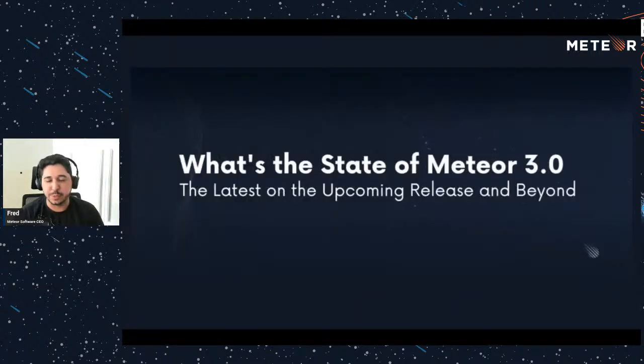So what's the state of Meteor 3? This is actually an article that we launched, and we talked about the documentation and migration guide, and we also explained what fibers are, why we are doing this migration, and what we are gaining by doing that. The main change is related to fibers. With Meteor 2, we usually rely on fibers to make our asynchronous calls.